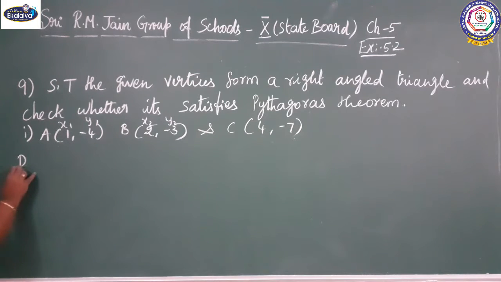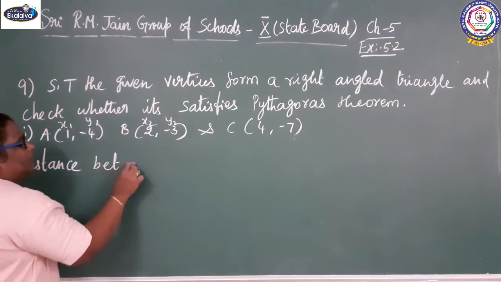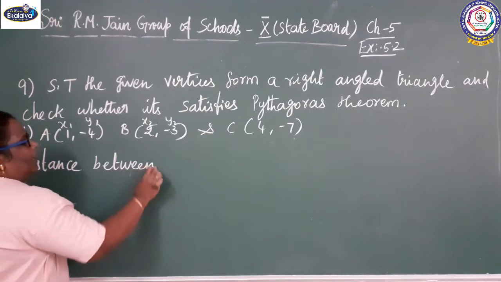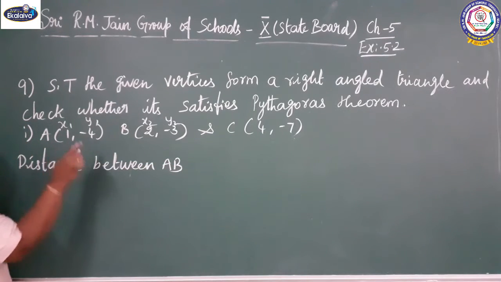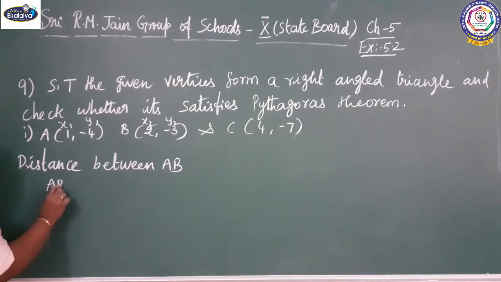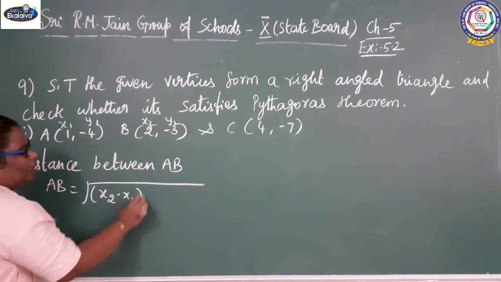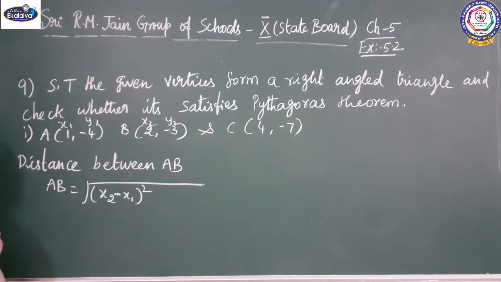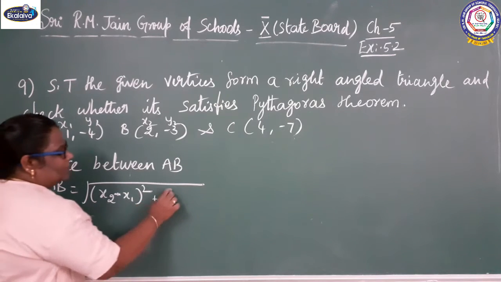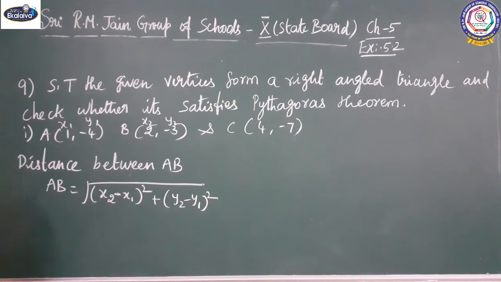See here, distance between A and B, the distance between the points. What is the A value? 1 comma minus 4, and B value is 2 comma minus 3. AB equals root of, what is the formula? x2 minus x1 the whole square plus y2 minus y1 the whole square, the distance between points formula.